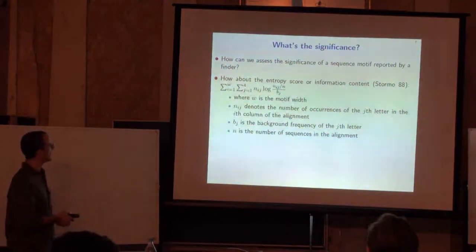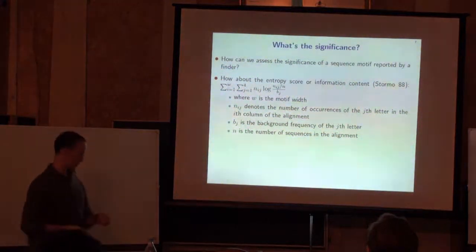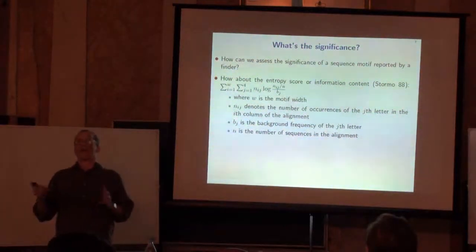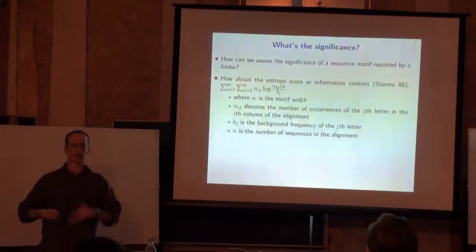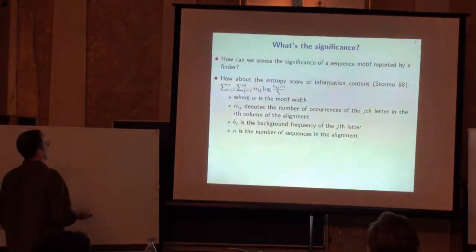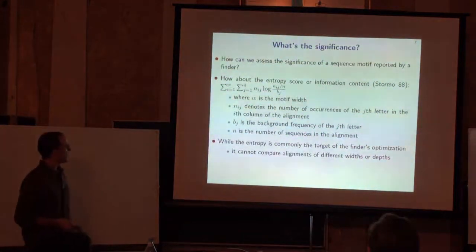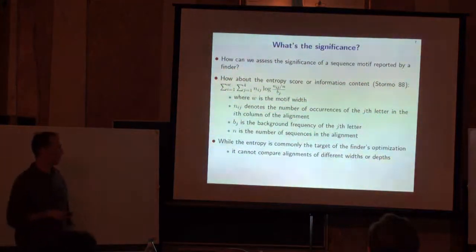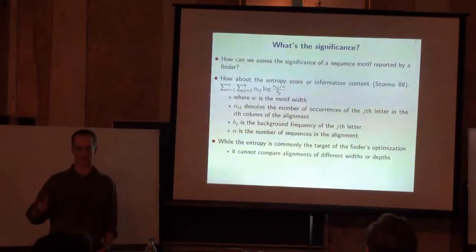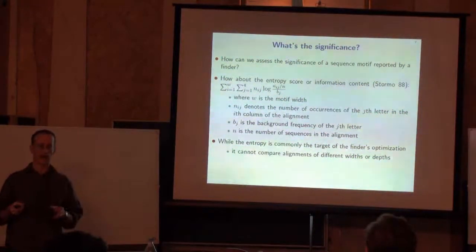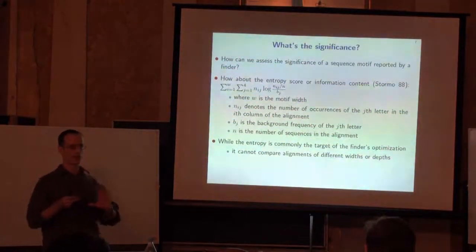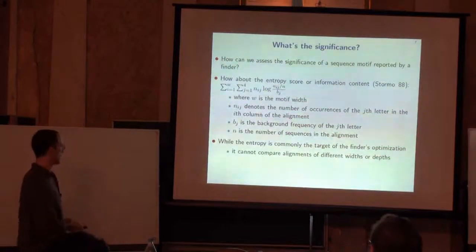So basically what the entropy score, or the information content, gives us is a measurement of how far the motif is from the background. The further it is, the happier we are. The entropy is commonly used as the target function for the finder optimization process. A typical finder would, for example, try to optimize the entropy distance between the candidate motif and the background.